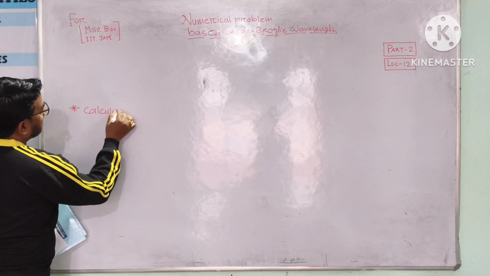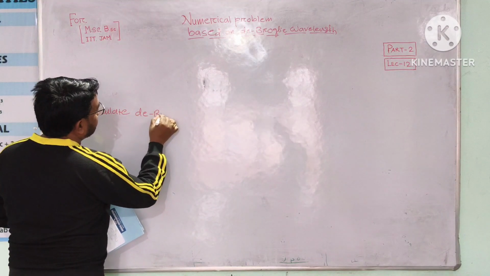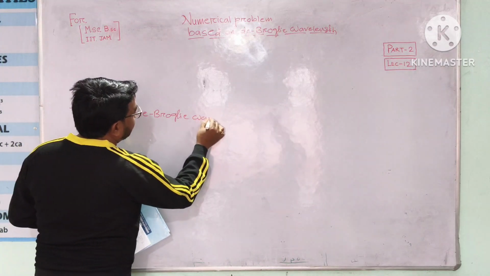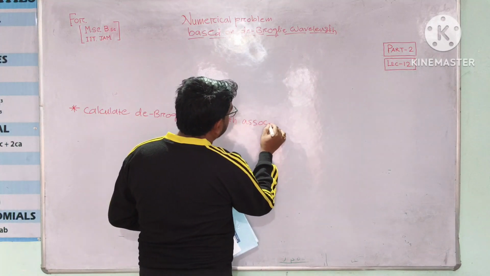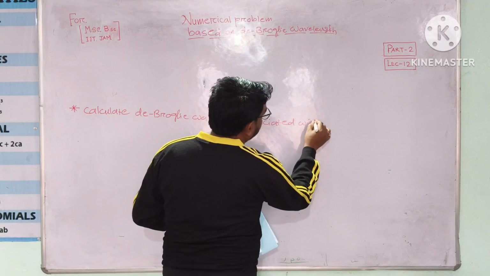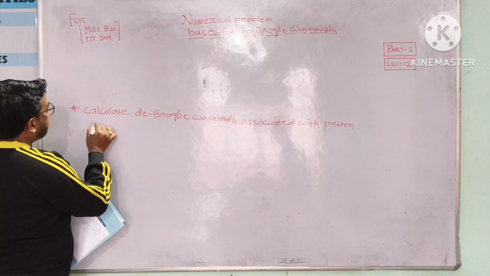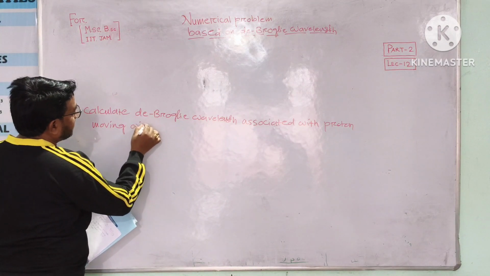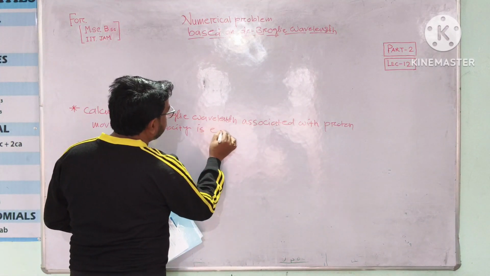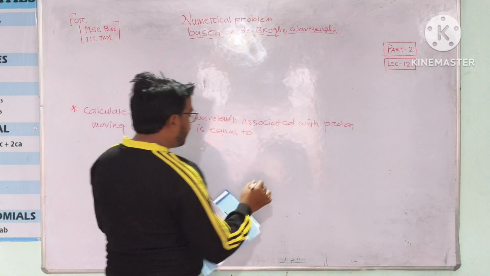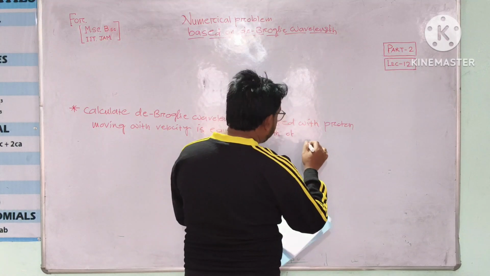Calculate the de Broglie wavelength associated with a proton moving with velocity equal to 1/20 times the speed of light.